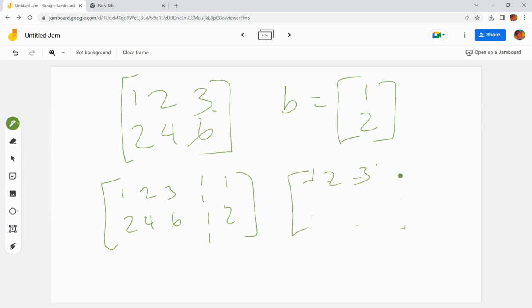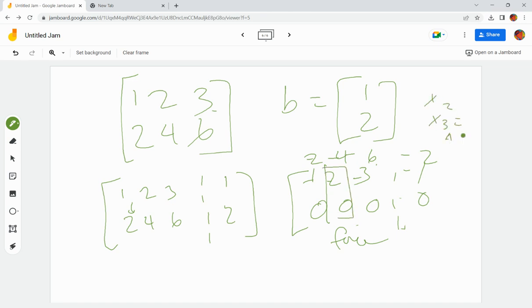So if I were to subtract this from the other section over here by 2, 4, 6, 2, because it's easier, I can get 0, 0, 0, 0, which means there's a free variable. The free variable just means that x2, x3 can be anything.